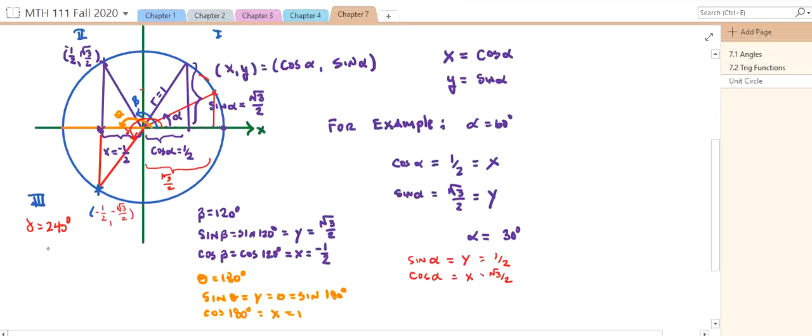So the sine of 240 degrees equals the y value equals minus square root of 3 over 2, and the cosine of 240 degrees equals the x value equals minus 1/2.